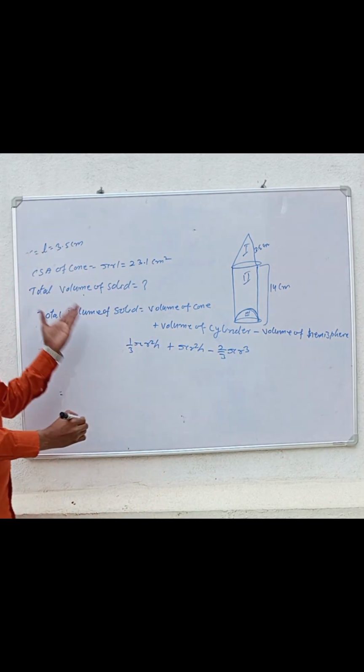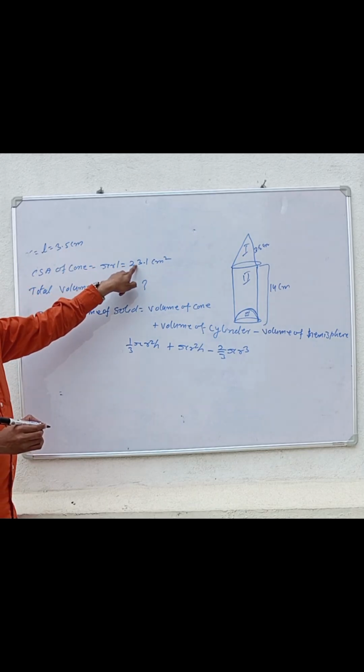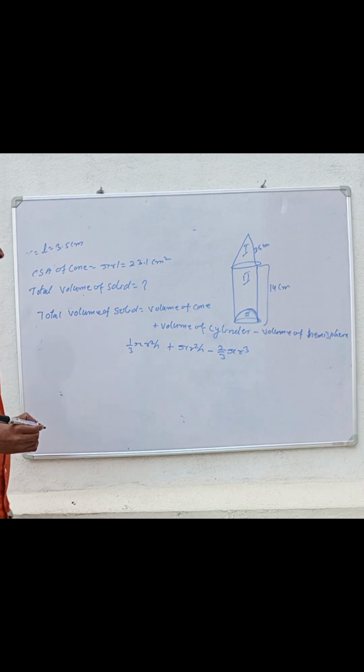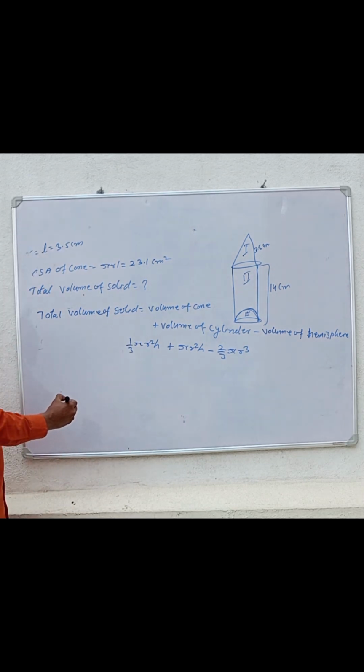Here r is not given, but L and the curved surface area are given. So we have to find r first, and also h of the cone. Let's find r first.